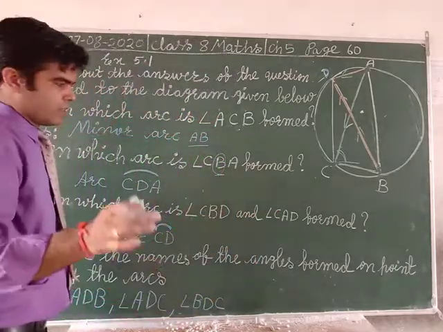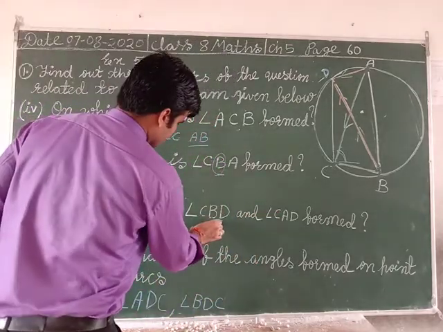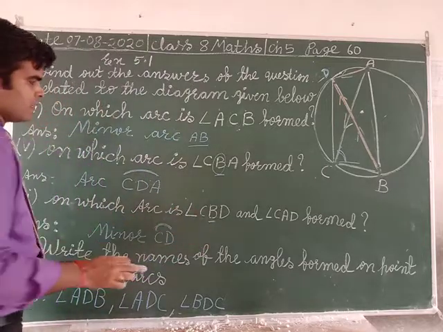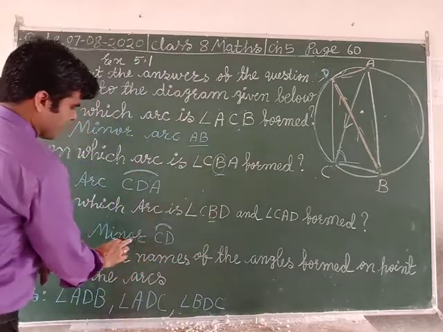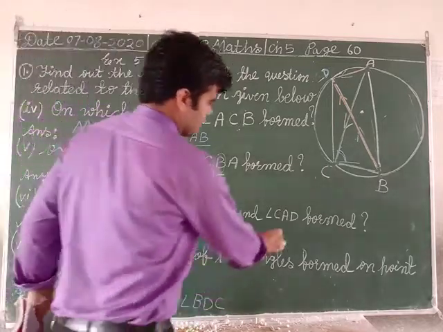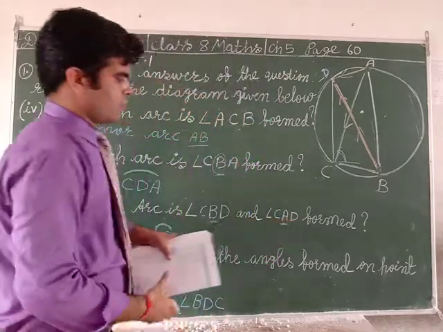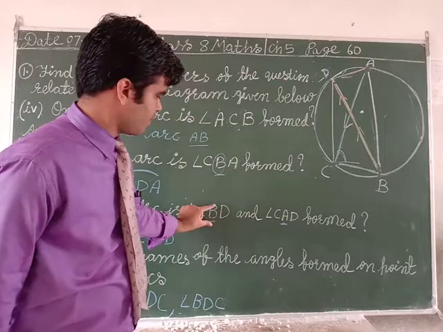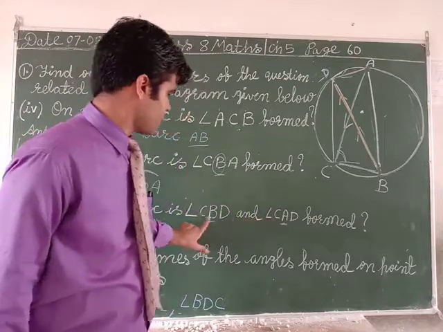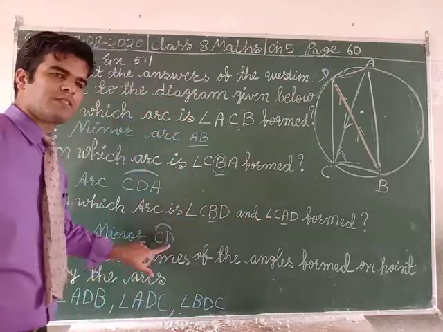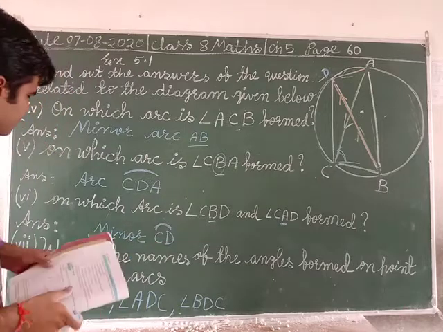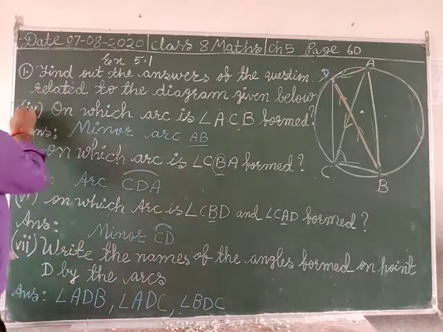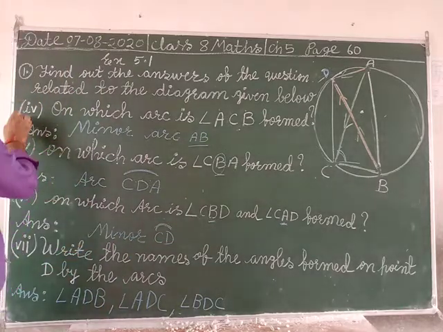CBD means leave the B, and what is left? CD. So minor arc CD. Same here, forget the middle term, and what is left is CD. So minor arc CD. Students, these three questions are of the same type.